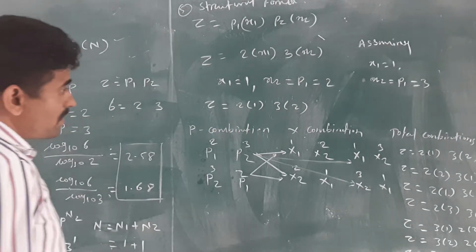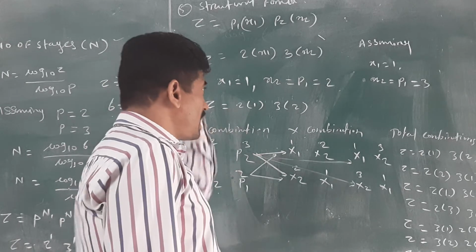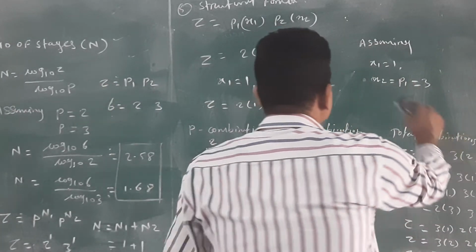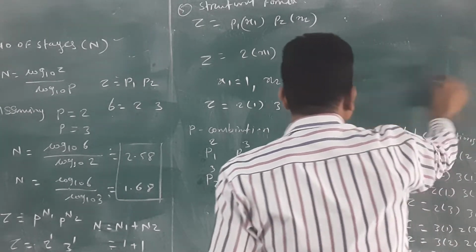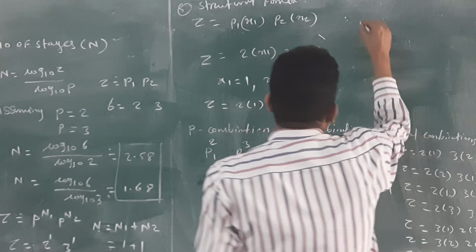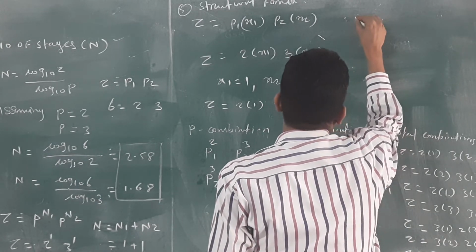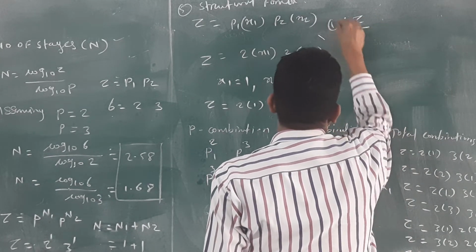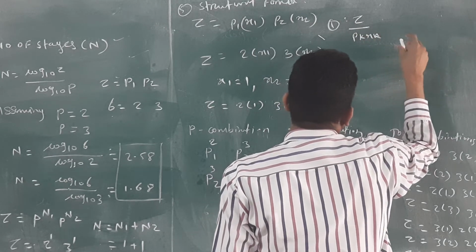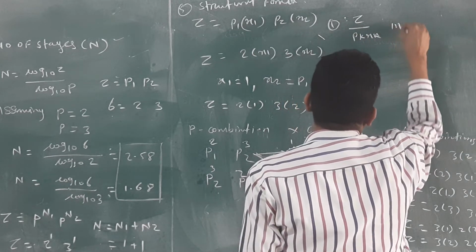Once you have got the 8 combinations, I have told you to use the different conditions and check which are the feasible ones. First condition, the product of pk xk must be a factor of Z, and this should be an integer number.